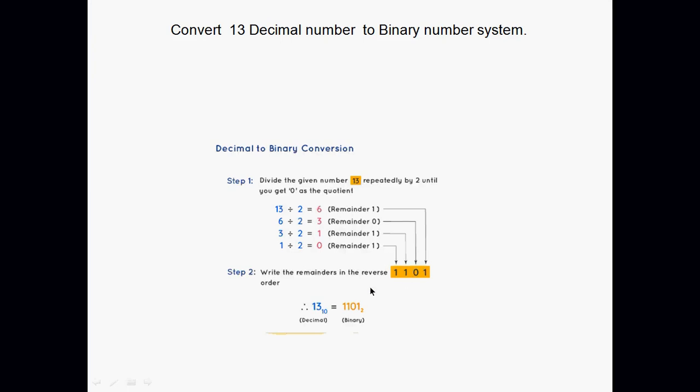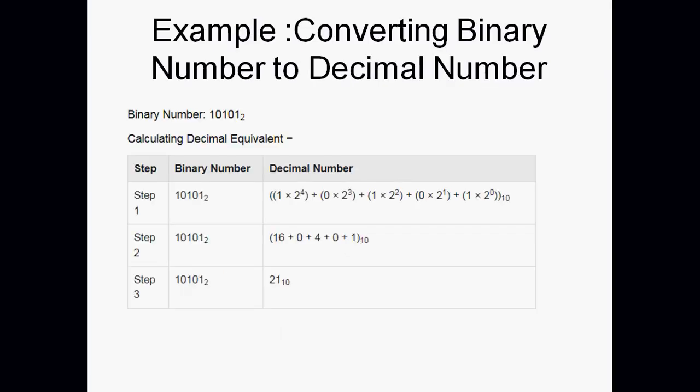Based upon the remainders, we move from LSB to MSB. So we obtain the binary value 1101. This is the conversion from decimal to binary number system.